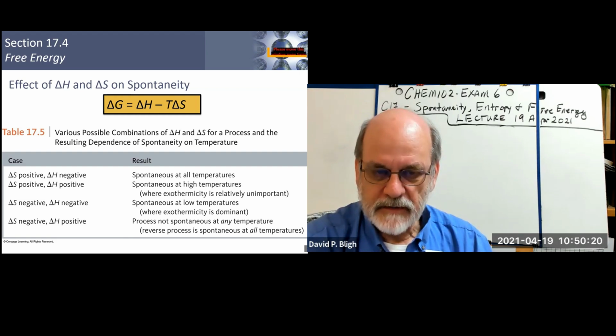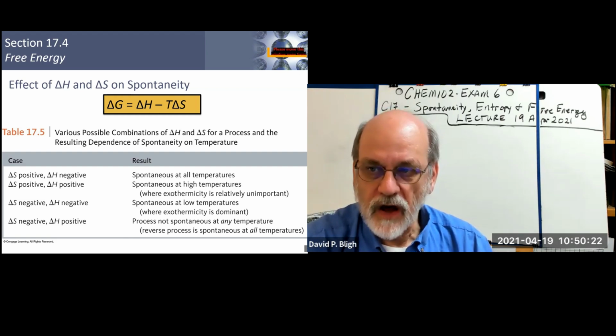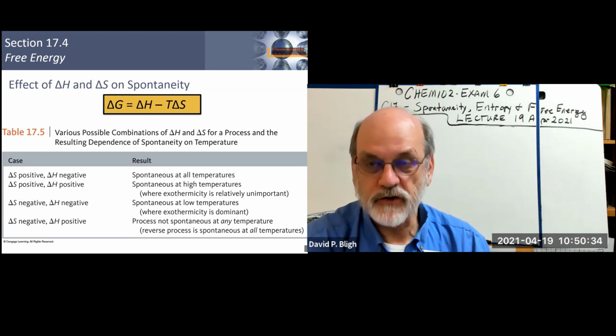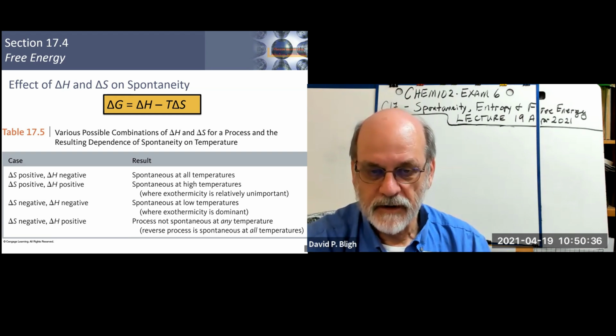Another thing is, when he talked about the third law of thermodynamics, the one where the entropy of a perfect crystal at 0 K is 0. The entropy of that system is 0.